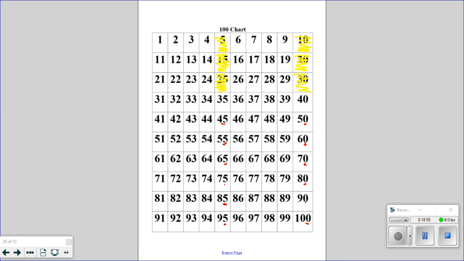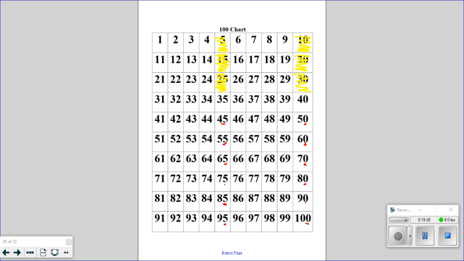Have you noticed that every time we get to 10, we kind of change what we're counting by? 1, 2, 3, 4, 5, 6, 7, 8, 9, 10, 11, 12, 13, 14, 15, 16, 17, 18, 19, 20, 21, 22, 23... Have you noticed that? Every group of 10, it kind of changes. If I'm counting in groups of 5, I have 5, 10, and then it changes to the next group of 10. 5, 10, 5, 10.